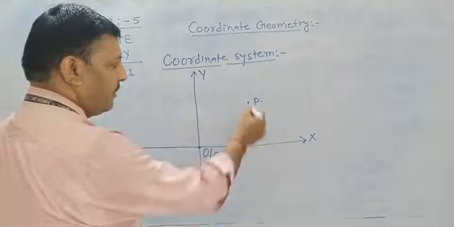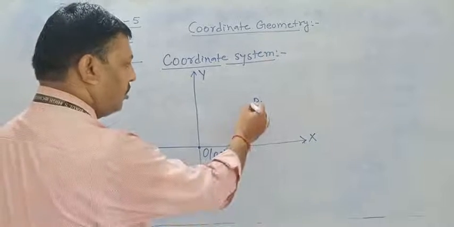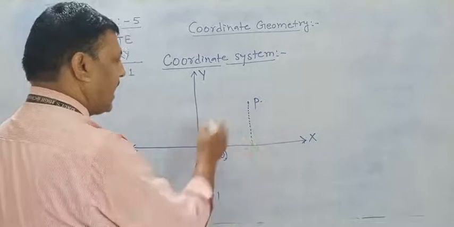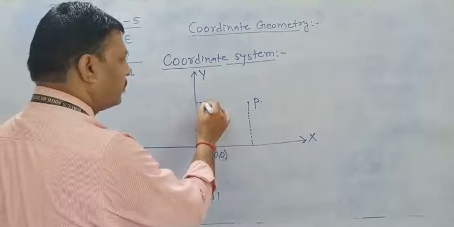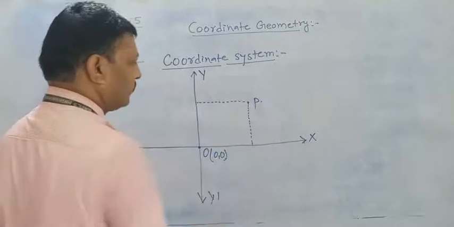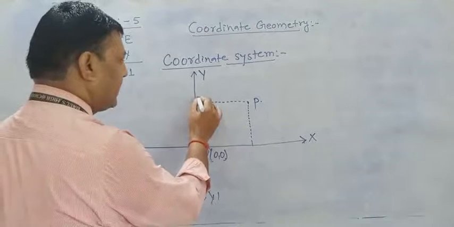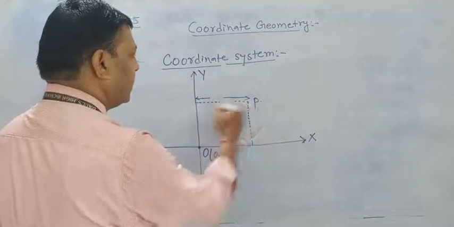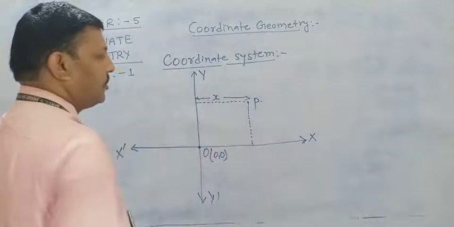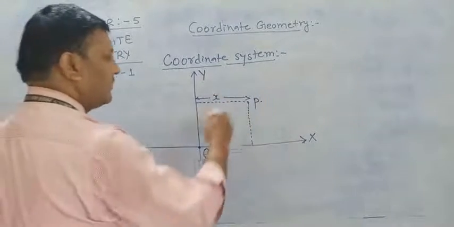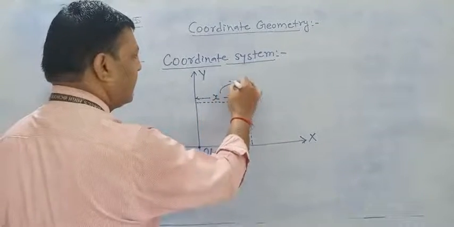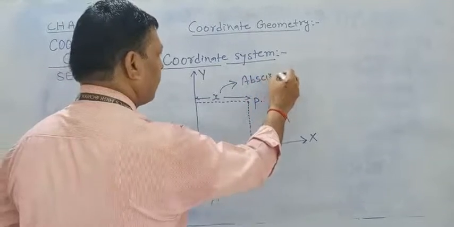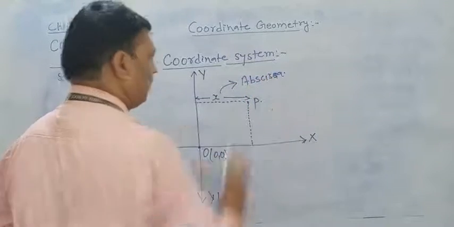So from point P, a perpendicular is drawn to the x-axis and another perpendicular is drawn to the y-axis. This is the distance of the point from the y-axis. It is denoted by x, and this is called abscissa.